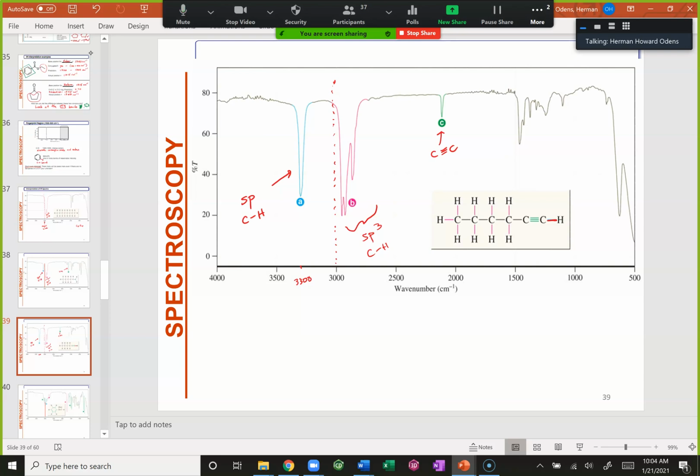If I give you this alkyne, an alcohol, an ester, and a ketone, you cancel the ester and the ketone because you don't have the carbonyl groups, and you cancel the alcohol because you don't have that big U-shaped signal for the OH hydrogen, and you don't have the CO stretch in the fingerprint region. You see that? So the only one that fits is my triple bond molecule. See what I'm saying? That's how you do infrared.